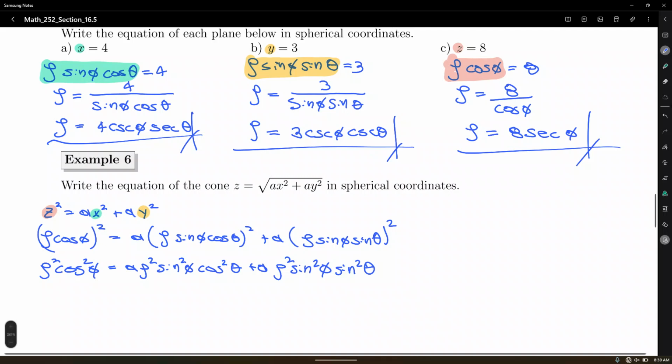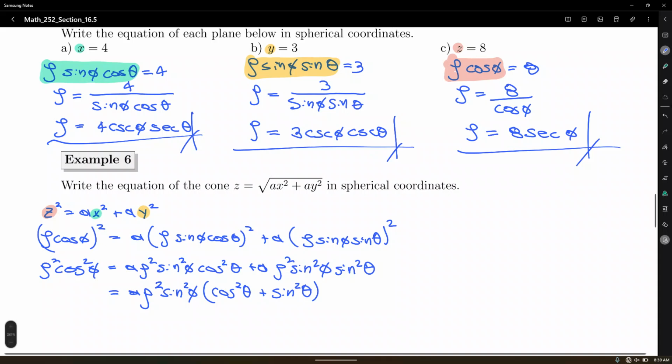All right, so let's see. Number one, how about we factor common factors on the right hand side of the equation? Do you see how a rho squared sine squared phi is common to both terms? Let me factor it out: a rho squared sine squared phi times cosine squared theta plus sine squared theta. What is that?